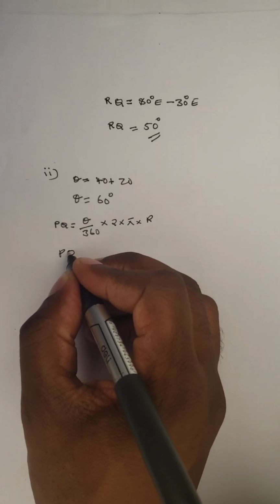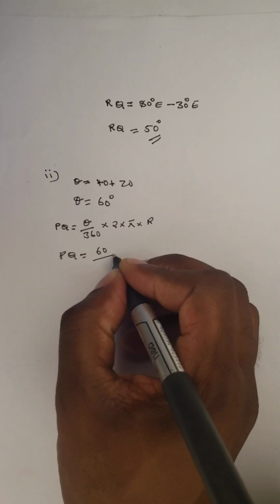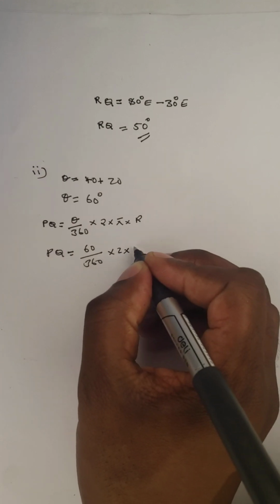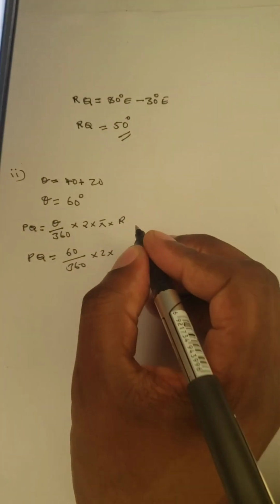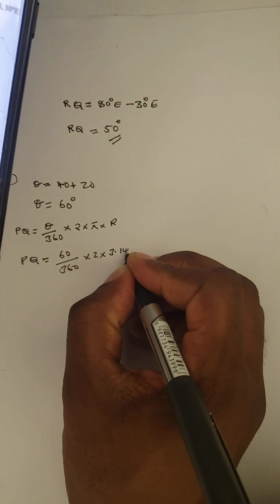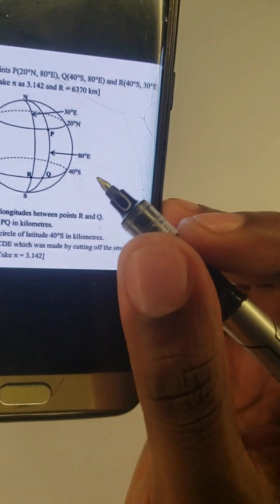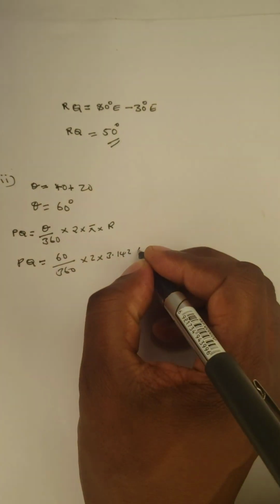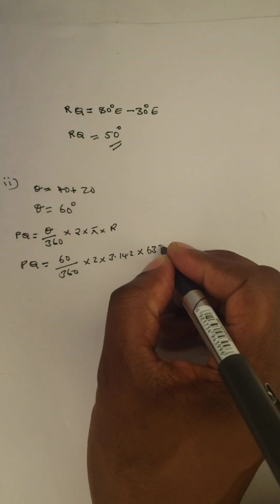So now our PQ is equal to, for theta we put 60 over 360 multiplied by 2 times pi; the information is always given saying take pi as 3.142. So we indicate 3.142. Since they have said that we find the distance in kilometers, of course we use the radius of the earth in kilometers, so times 6,370.